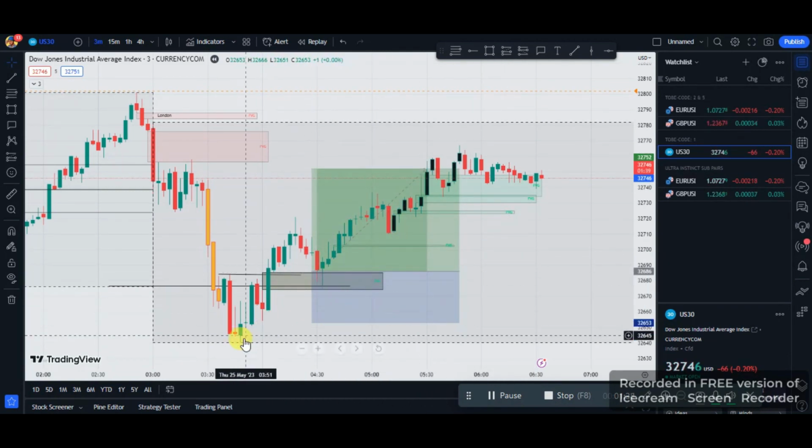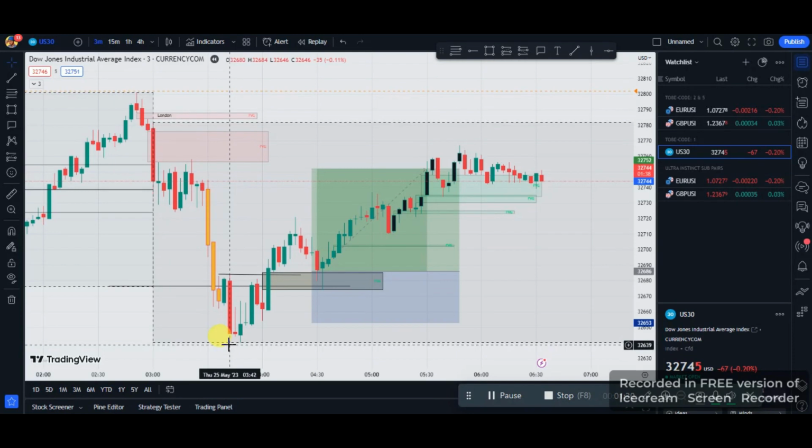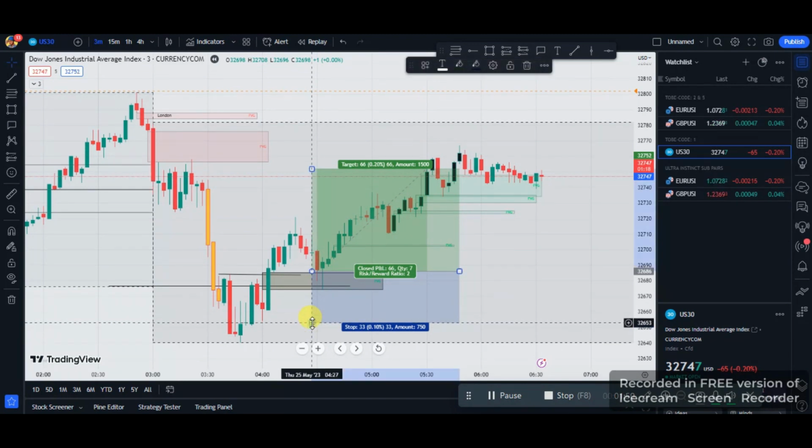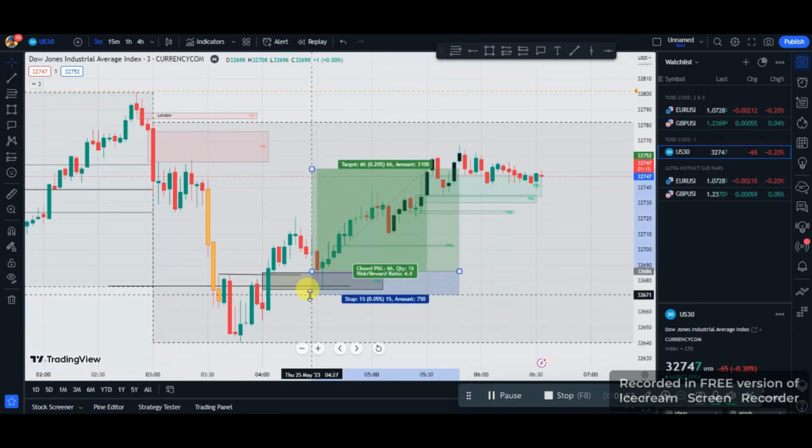Like I showed you, there's an entry, and your stop loss should be below this. If you're looking for a more conservative entry, then your stop loss should be below this lowest point here. But if you want to take a little bit more aggressive entry, then your stop loss should be below this part of the FVG. If you want a very aggressive entry, then your stop loss should be slightly below that FVG, which I would not recommend.